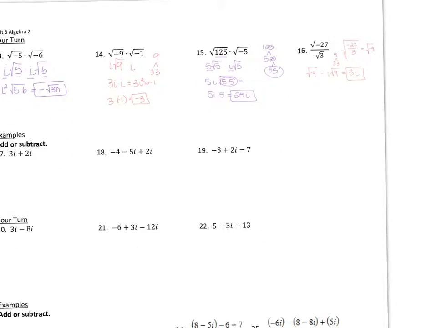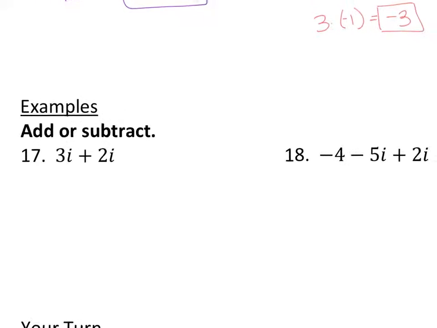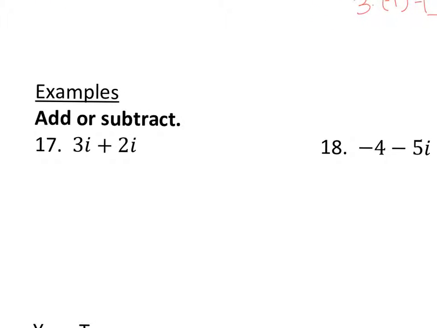Well, now that we can rationalize complex numbers, let's just add and subtract them. They're no different. i's are like terms, right? So you're just combining like terms.